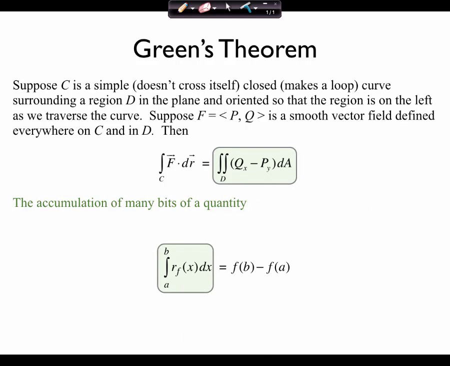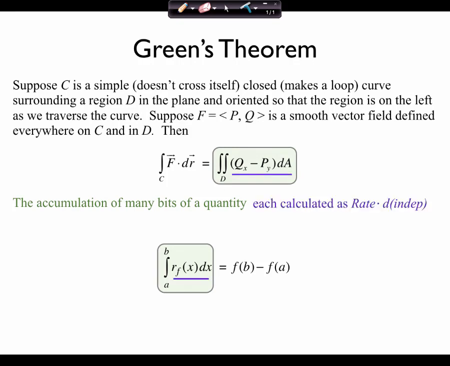In the original fundamental theorem, you're summing up bits by taking the rate times a change in the independent variable. You're doing the same thing here, except you're summing up little two-dimensional bits. Notice this is something like a rate of change. Qx minus Py, those are both derivatives. So this is something like a rate of change function.